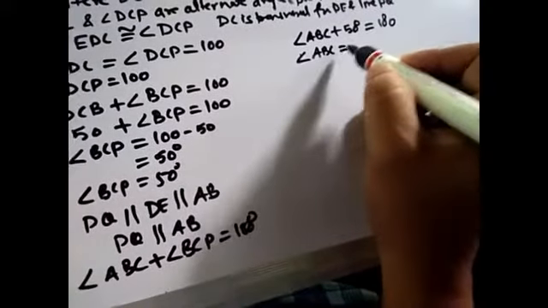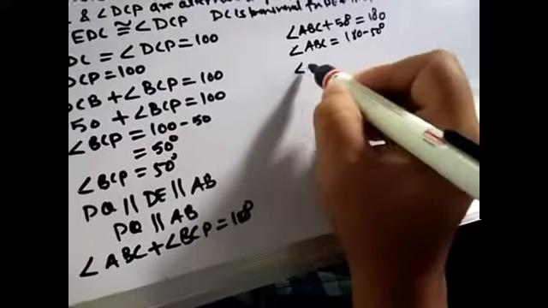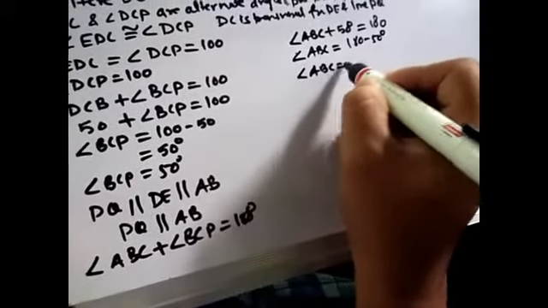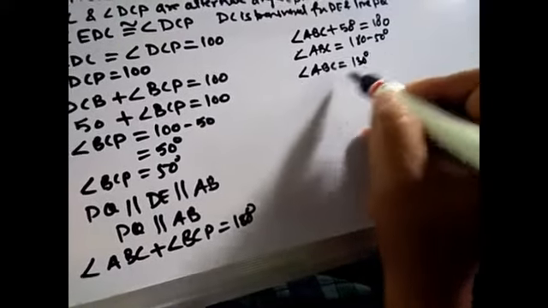Then angle ABC is equal to 180 minus 50 degrees, means angle ABC that we want to find out is 130 degrees. In this way we solved it.